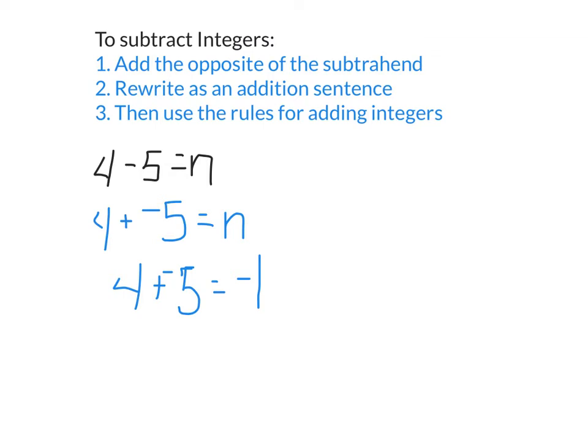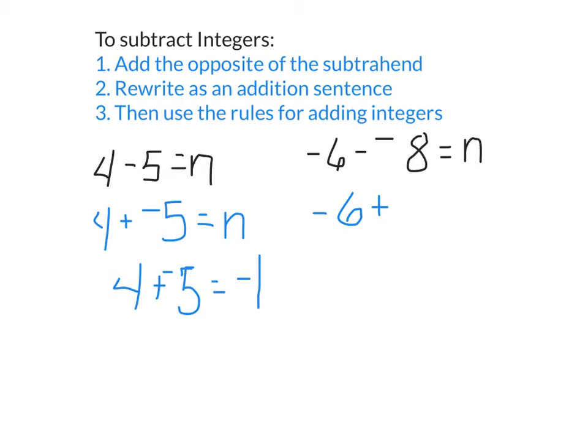Let's try another example: negative 6 minus negative 8 equals n. So we're going to keep our negative 6. Then the opposite of negative 8 is positive 8, and we're turning it into an addition sentence.